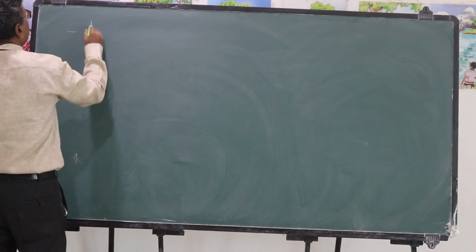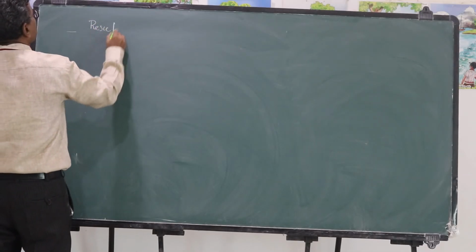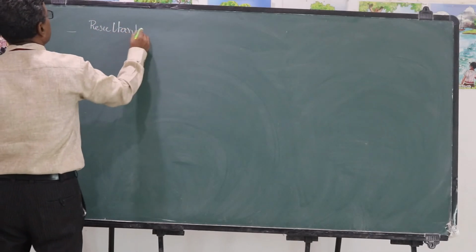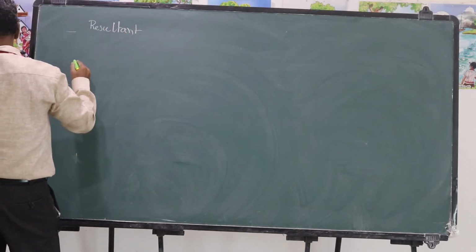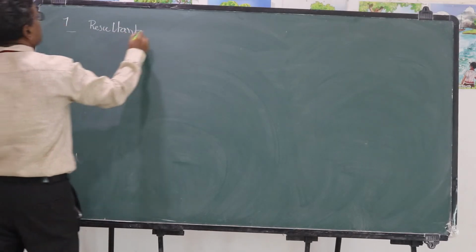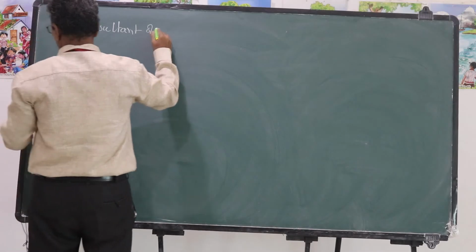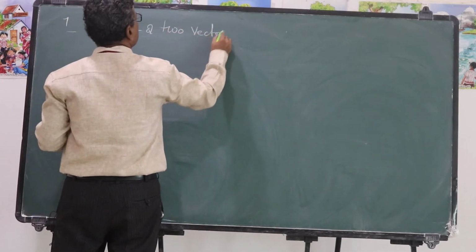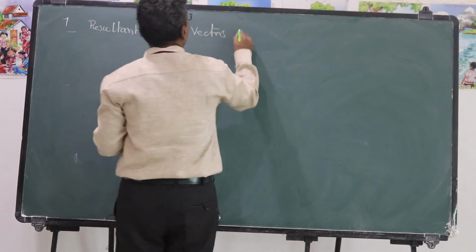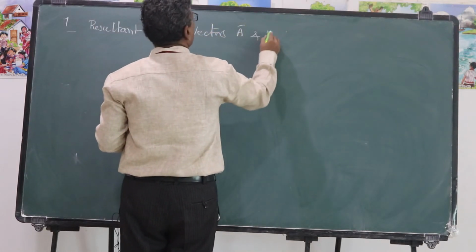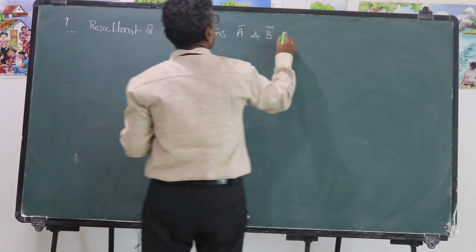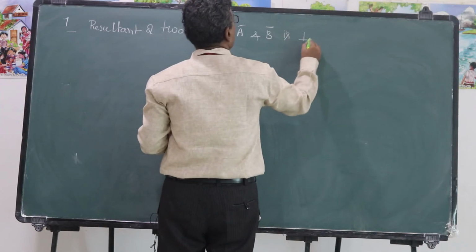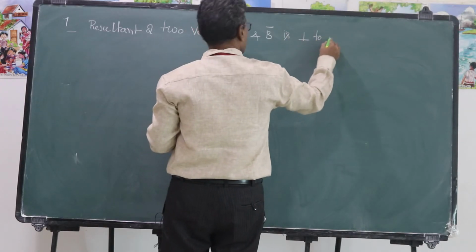The resultant of two vectors A bar and B bar is perpendicular to A bar.